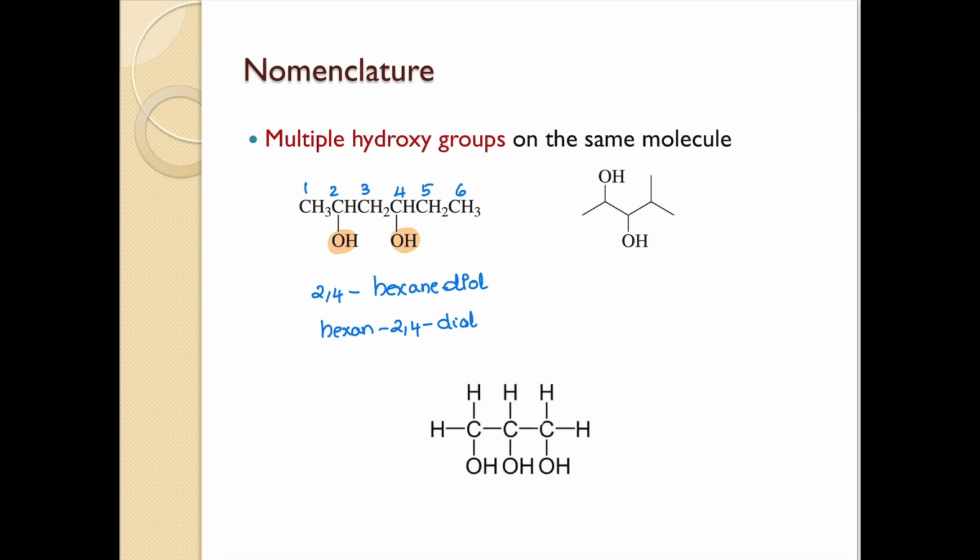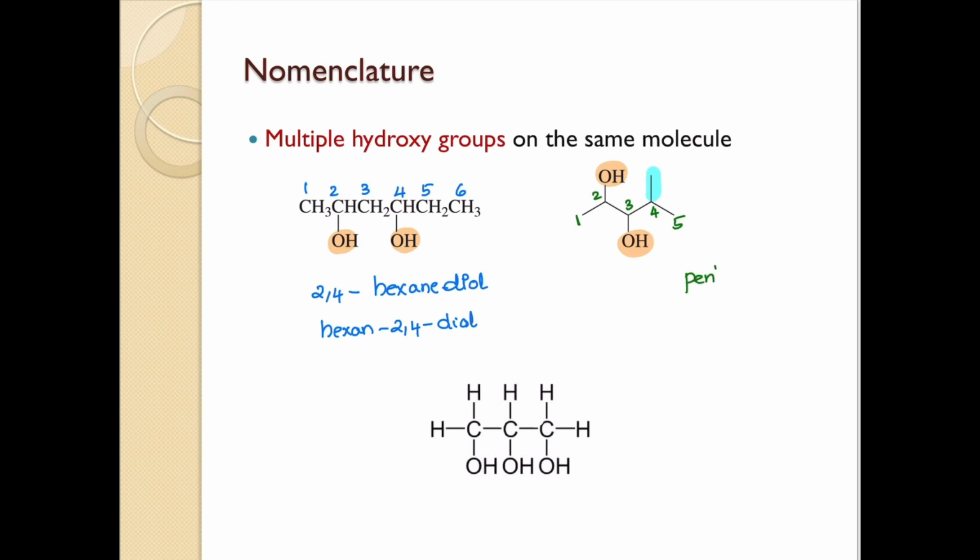Okay, let's identify the name for this molecule. Again, which one is going to be assigned as number 1? Which direction are we going to go in? Okay, yes, from left to right. 1, 2, 3, 4, 5. So here is your hydroxy group and your hydroxy group, and here is your substituent. So this should be pentane diol, right?